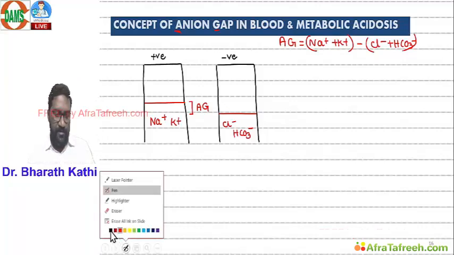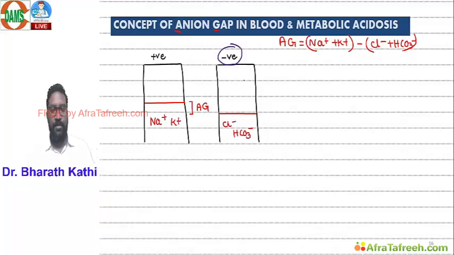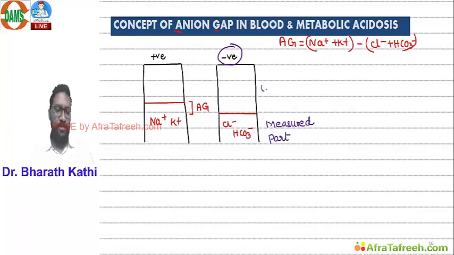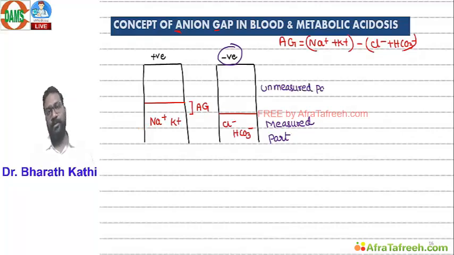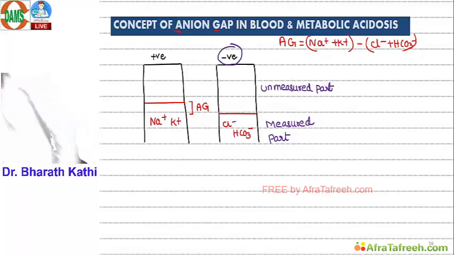Let us take for example negative compartment. This is the measured part and this becomes the unmeasured part. Let me get something to show you this in an easy manner.